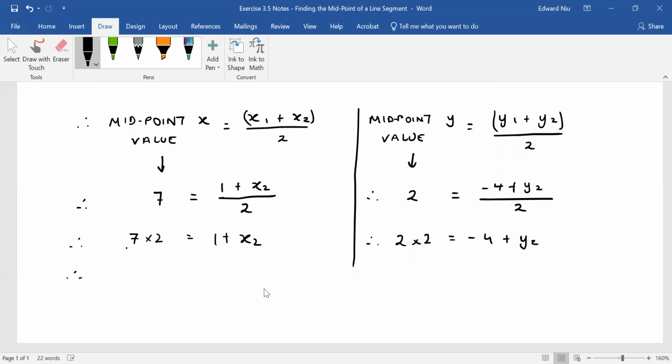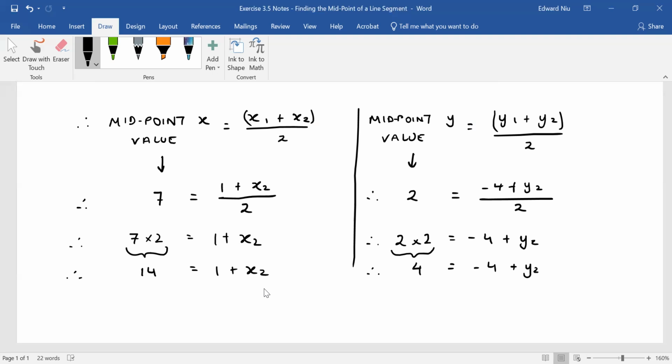Therefore, this breaks down to 14 equals 1 plus x2. And this turns into 4 equals -4 plus y2.